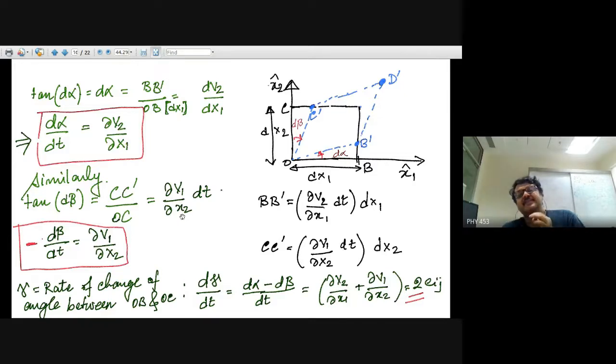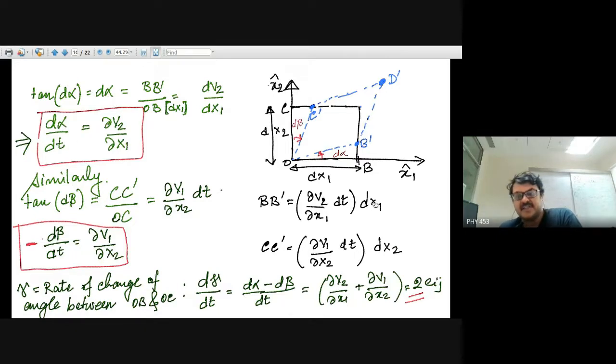If you put in the sign, because suppose it has deformed in this way, then d beta will be minus del beta del t. So basically, taking it this side, the change in d beta with time is equal to del v1 del x2. And similarly here, if you take the time down, you will get del alpha del t.